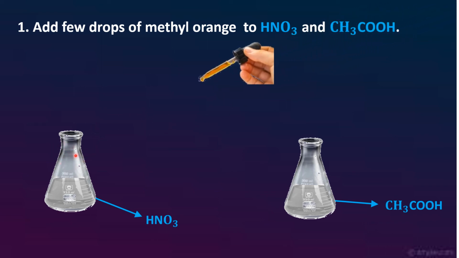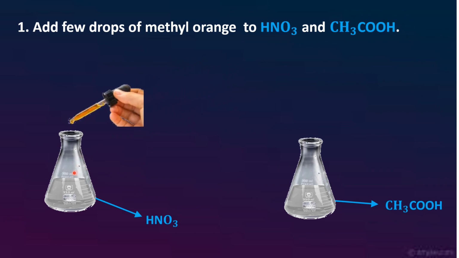So we know that methyl orange is orange color. Okay, so here we are adding methyl orange. Yes, see here we are observing that there is a change. So the colorless solution has changed to the red color after adding methyl orange to the dilute nitric acid solution, isn't it?